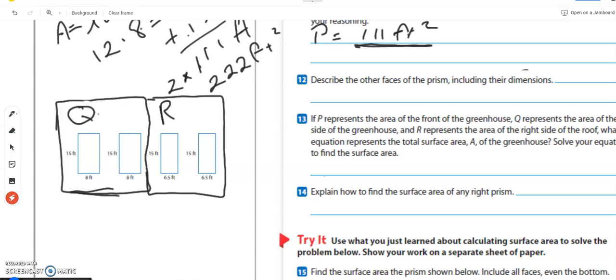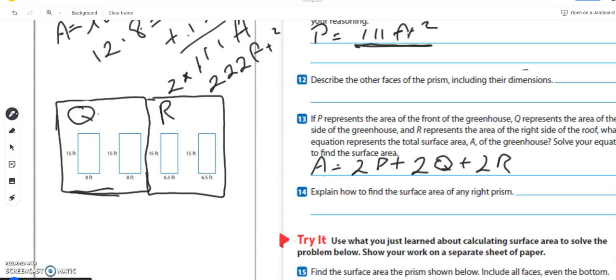What equation represents the total surface area A? So we're going to say that A equals 2 times P plus 2 times Q plus 2 times R.